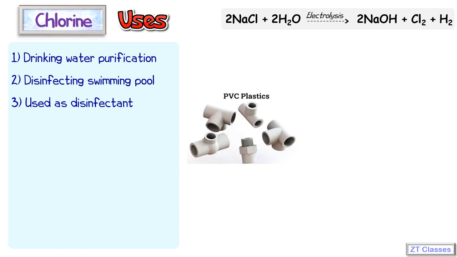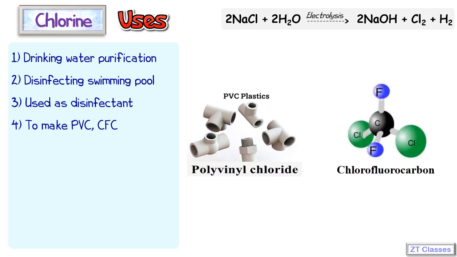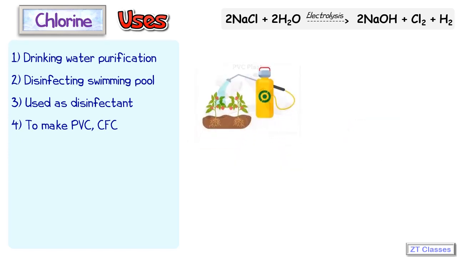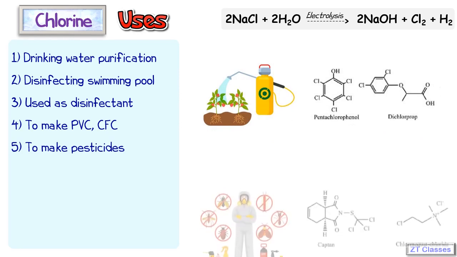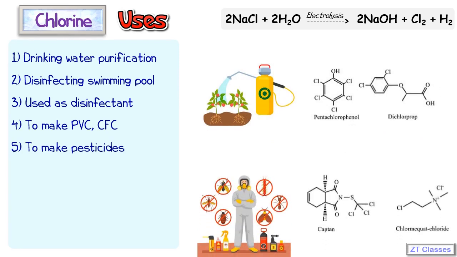In industries, chlorine is used to make PVC, that is polyvinyl chloride or plastic, and CFC, which is chlorofluorocarbon, used as a refrigerant gas. Besides being a very good disinfectant, chlorine is commonly used for making different pesticides and insecticides.